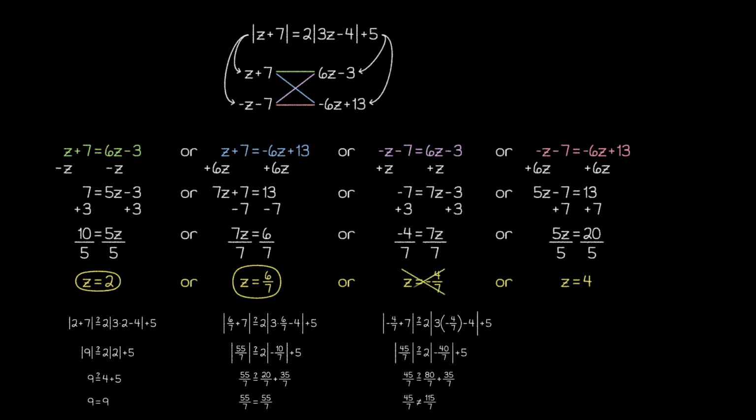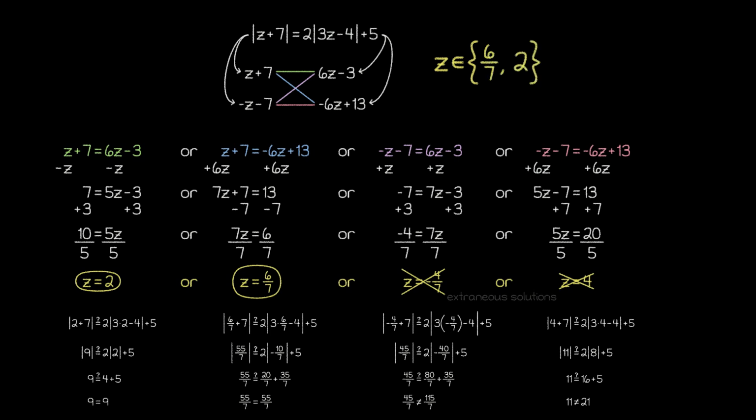As we do this, you'll see that certain answers are actual solutions to our problem, while other answers are not. These answers that arose during the problem-solving process, but that were not actual solutions, are called extraneous solutions. So as you can see here, 2 of our apparent solutions were extraneous solutions, leaving us with only 2 actual solutions to our equation.